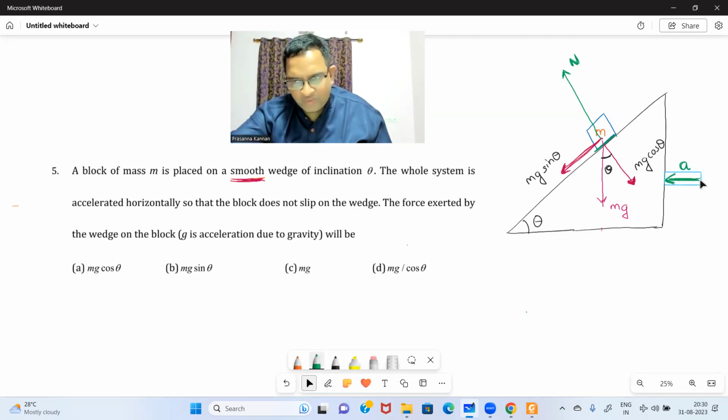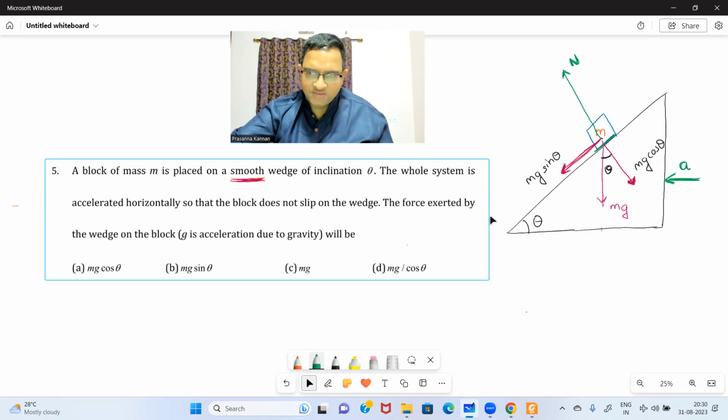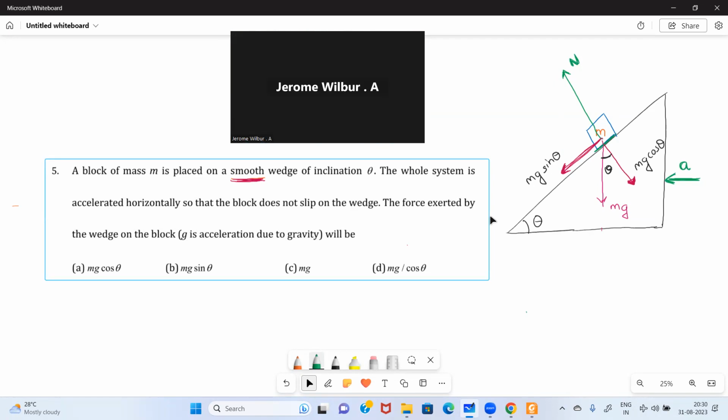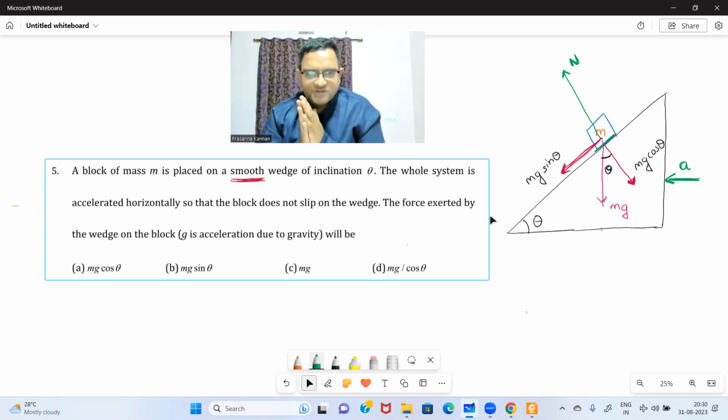Now tell me, the wedge is moving with an acceleration A. This mass is not sliding down, correct? Yes, sir. This mass is not sliding down. First of all, the frame of reference here is the wedge. Tell me whether it is a non-accelerating or accelerating frame of reference.